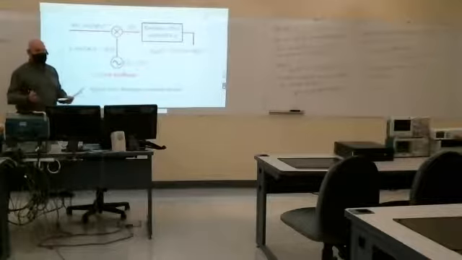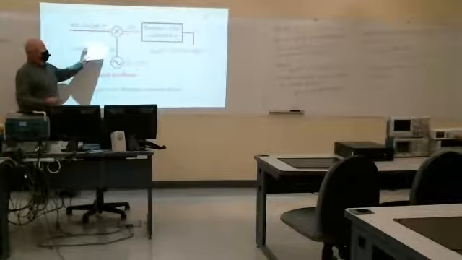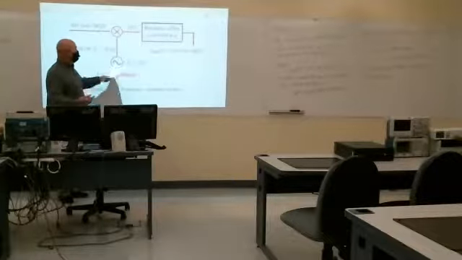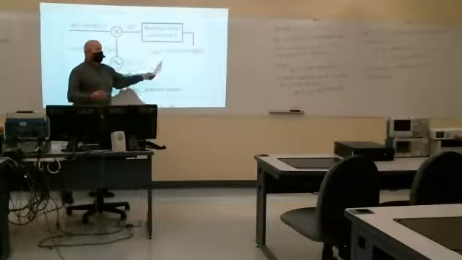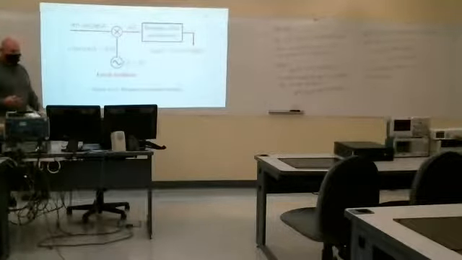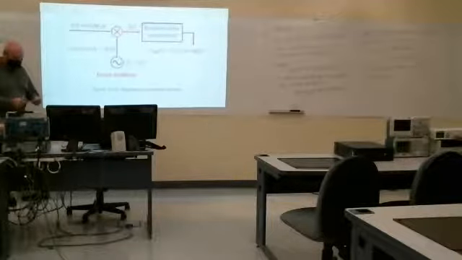Doesn't matter, both would work. And then what you get out is two components. One component at f2, and we bandpass filter around f2 to pass that through. And so essentially we've changed the carrier frequency.